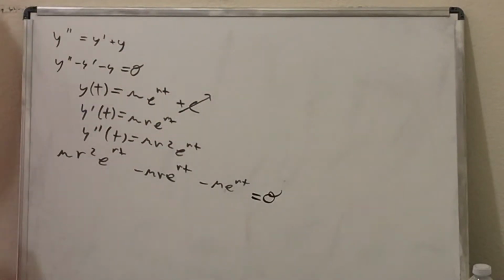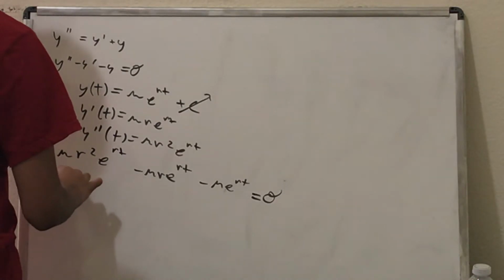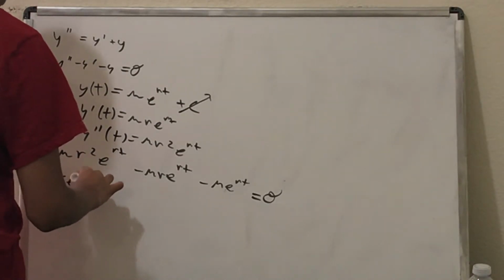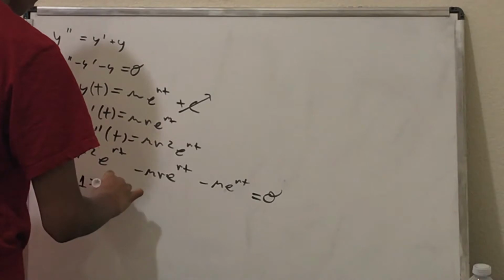Okay, cool. Now, one thing is we can have two cases. Case 1: this is where mu is equal to 0.